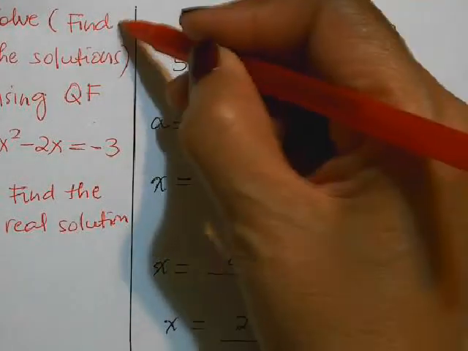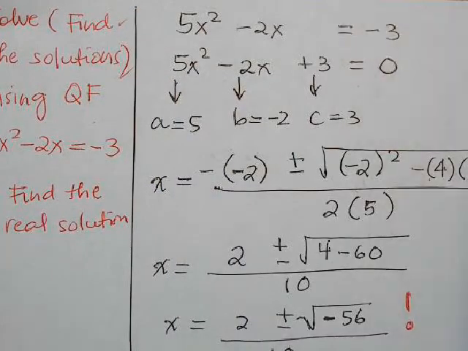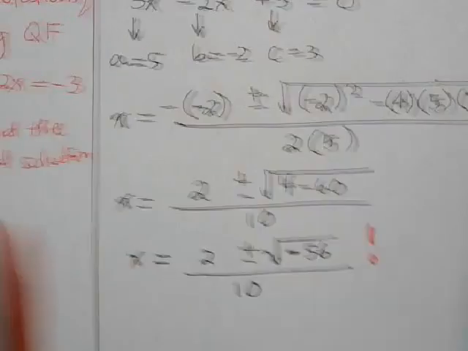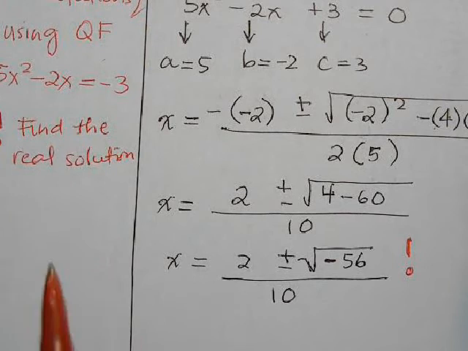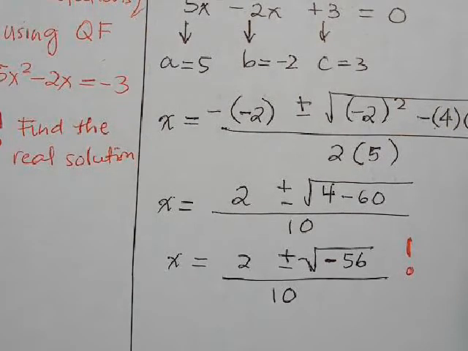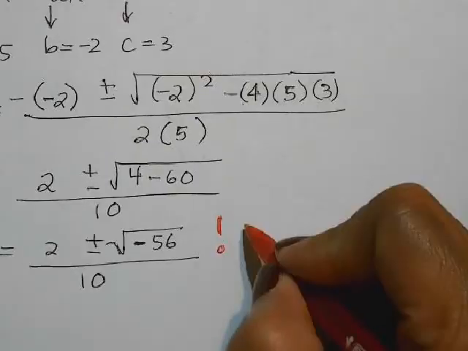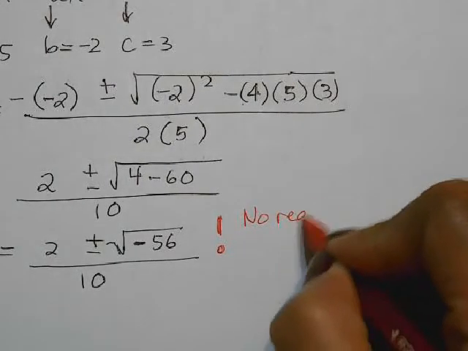So when this is what they wrote, then you say this is the solution. But if they say find the real solution, you will say no real solution. It's called imaginary. So here we will say no real solution.